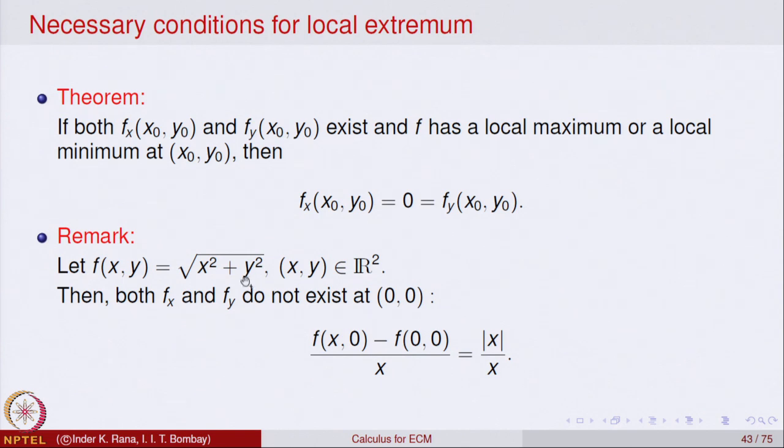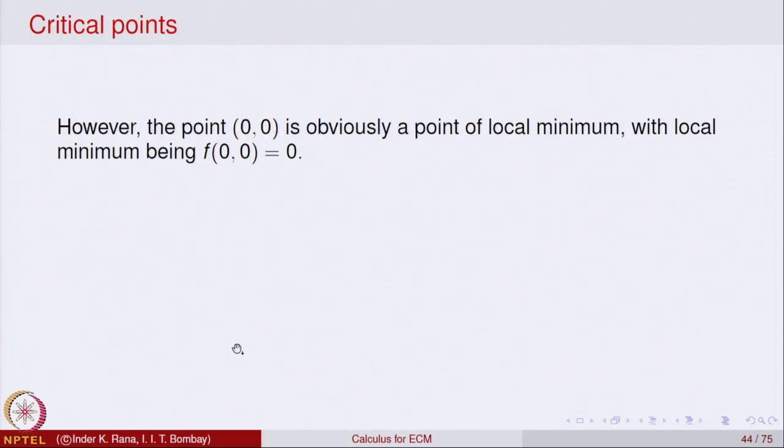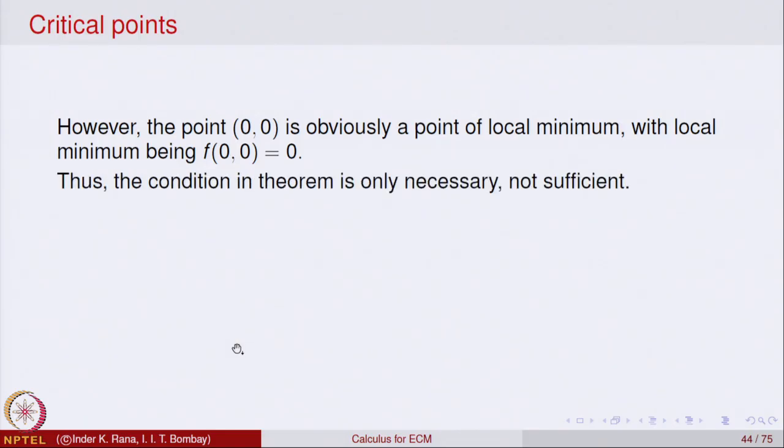So, for this function the partial derivatives do not exist, but the function has a local minimum at the point (0, 0). So, keep in mind the function can have a local maximum or a local minimum without existence of partial derivatives. Thus the condition in the theorem is only a necessary, but not a sufficient condition.